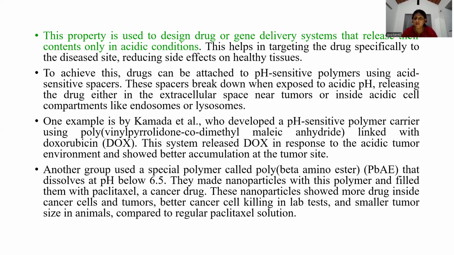They made nanoparticles with this polymer and filled them with paclitaxel, a drug which is used for cancer. This nanoparticle showed more drug inside the cancer cells and tumors, and better cancer cell killing in lab tests, and a smaller tumor size in animals compared to the regular paclitaxel solution.